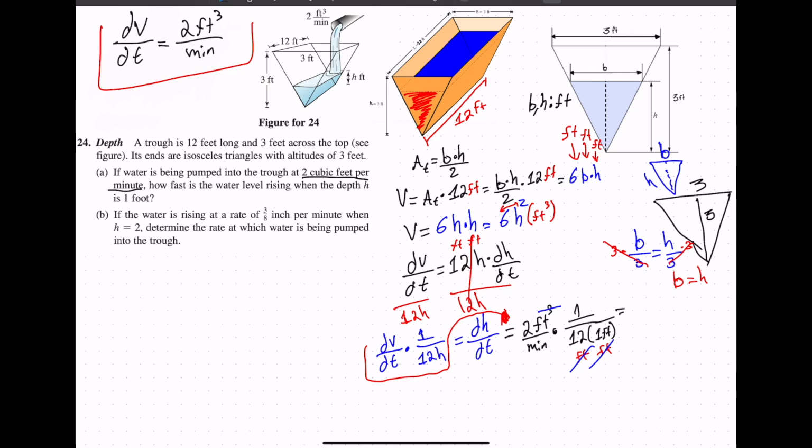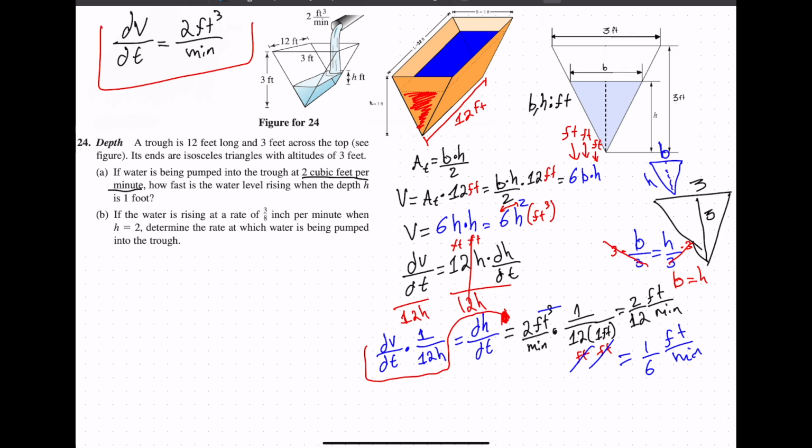So we end up with 2 over 12, and then at the top it will be feet over minute. Therefore, when we simplify this, we get 1/6 foot per minute. That is the solution. You can leave it like that, or you can simplify it. I'm not going to simplify that.